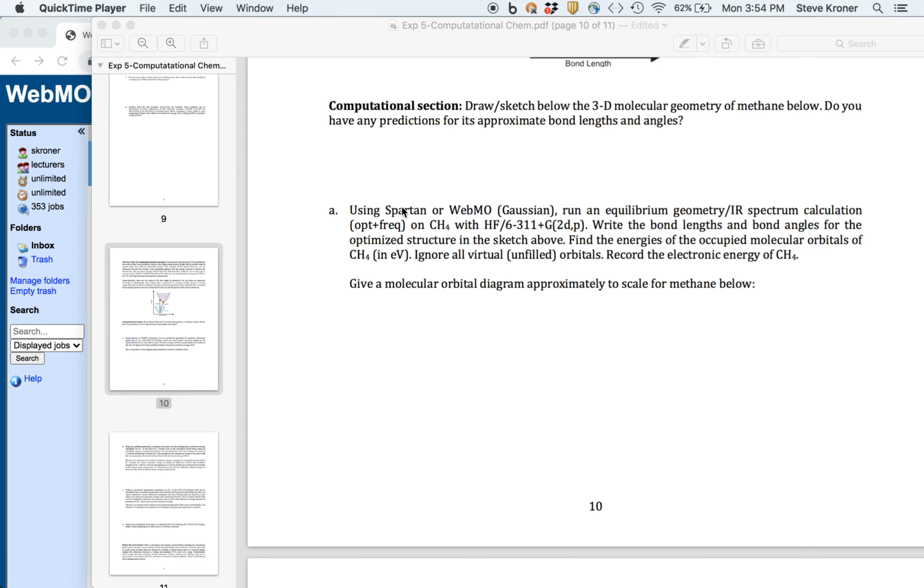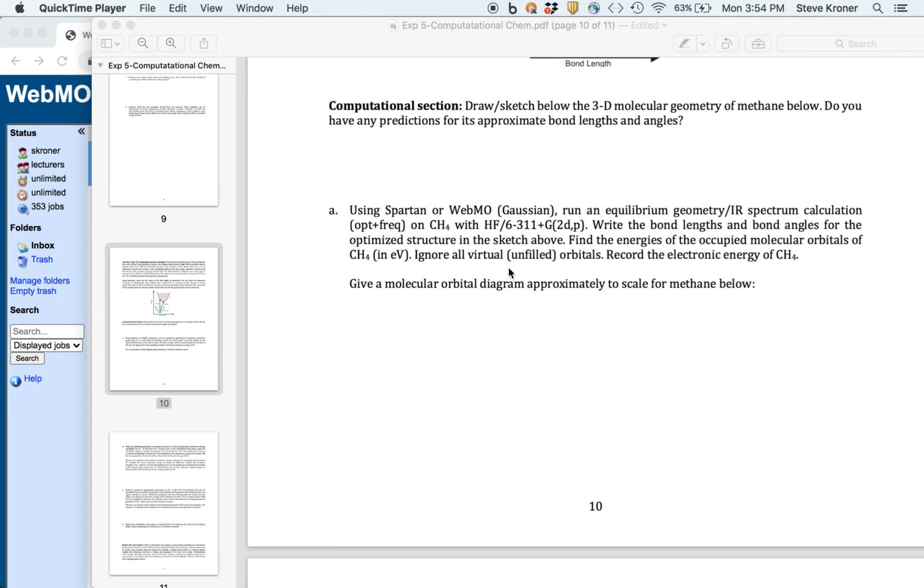The way we can use WebMO here, or Spartan if you're in person in the computer labs, is to run an equilibrium geometry calculation, or an optimization calculation, on CH4 with whatever method you want to use. We're going to start with HF 6-311+G(2d,p), and then determine the bond lengths and angles for the molecule.